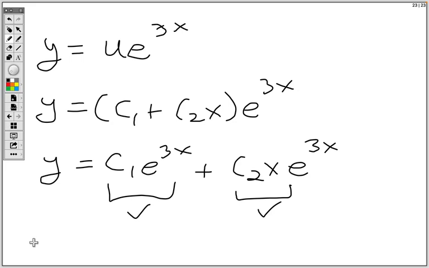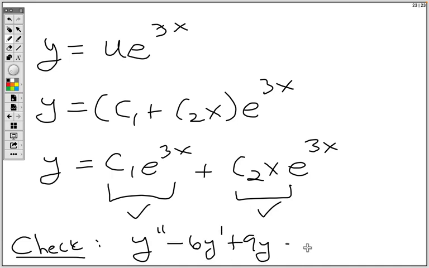And you can check in the privacy of your own home, if you plug this into y double prime minus 6y prime plus 9y, you will in fact get 0. I would encourage you to do that, to see how the product rule works in this specific case to zero stuff out.